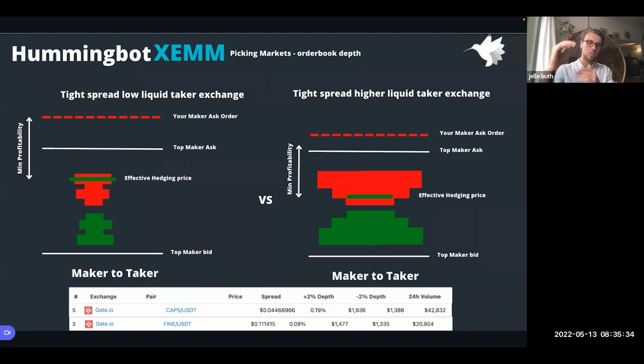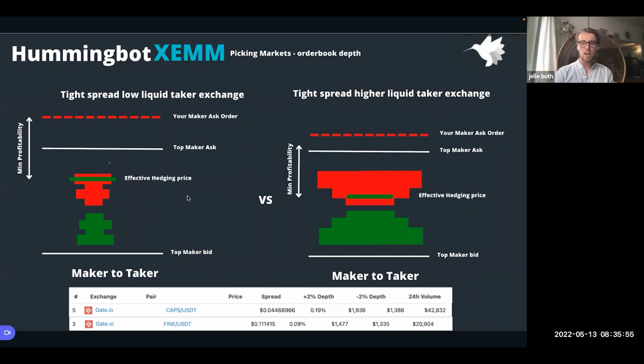It will have a lot of slippage, etc. And of course, because the effective hedging price is higher in that case, and I have a specific minimal profitability target, it will place the order further away from the mid price on my maker exchange, which decreases my liquidity mining rewards, but also decreases the chance of my order being filled.